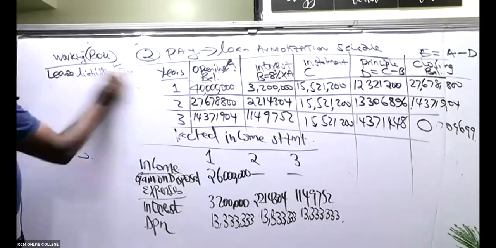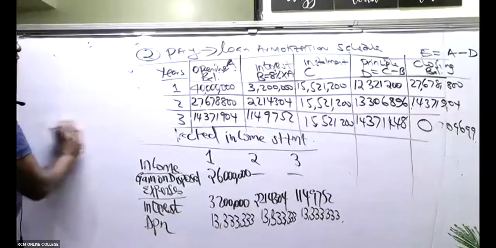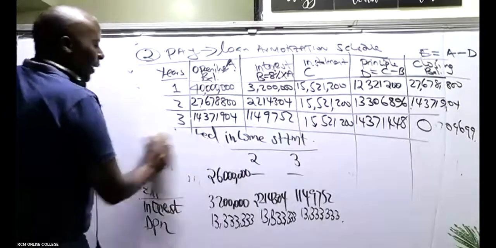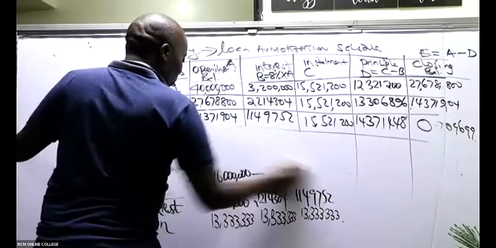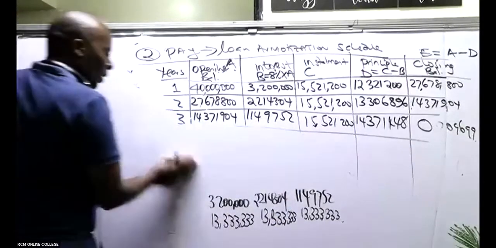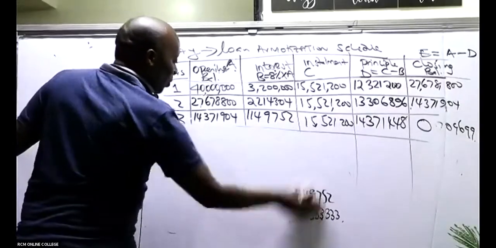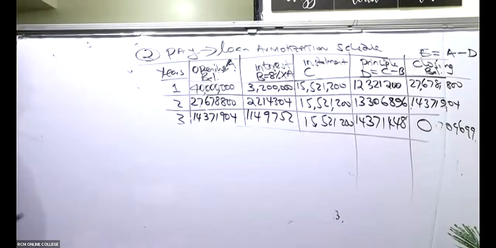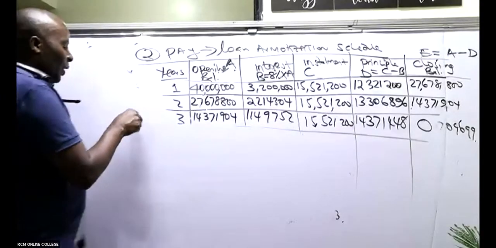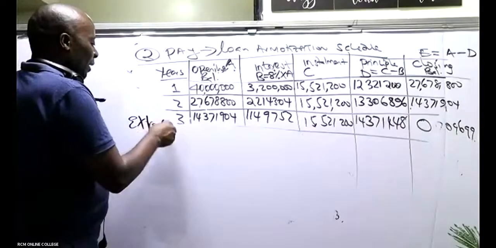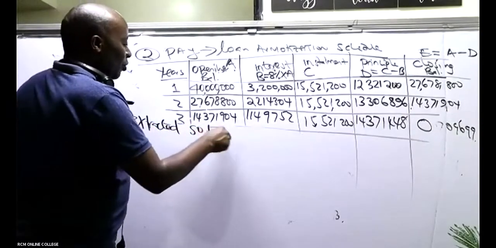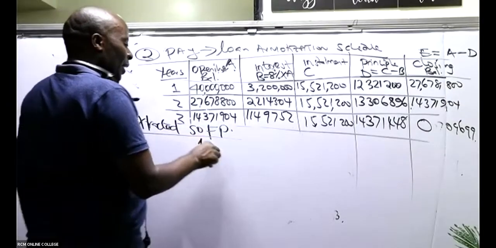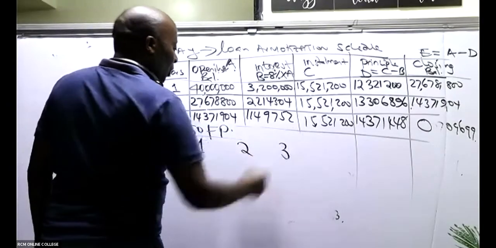All right, so the last one, number 4. Now you'll be able to give us an extracted statement of financial position. Remember, we have our years 1, 2, 3.